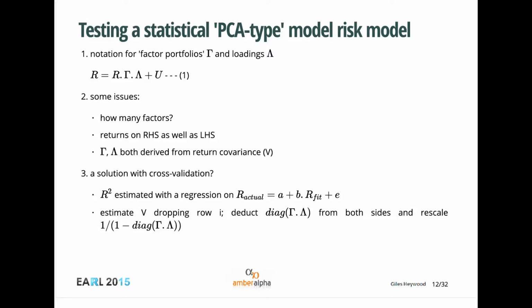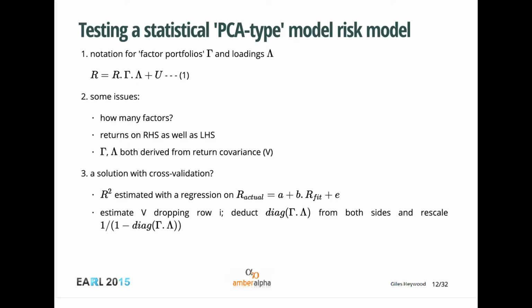We don't know how many factors to use a priori. And the returns appear on the right-hand side as well as the left-hand side, so you're explaining returns with themselves. And lambda and gamma are both derived from the return covariance matrix, so that's also, in a way, a separate issue.